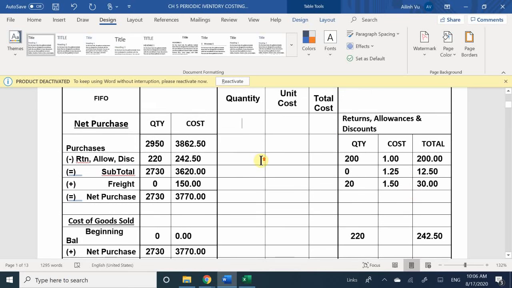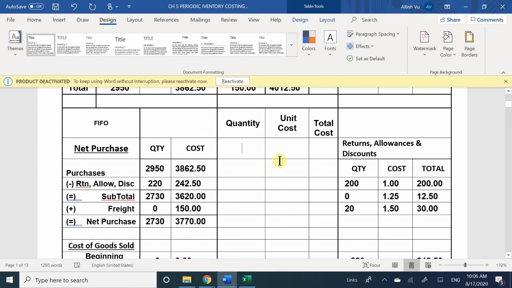Let's just do the second way, and then we'll go back and do the other way. So in this case, we're not going to do any calculations here. We're just going to transfer the information over.